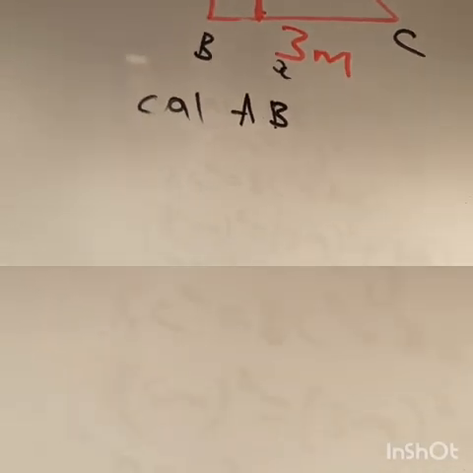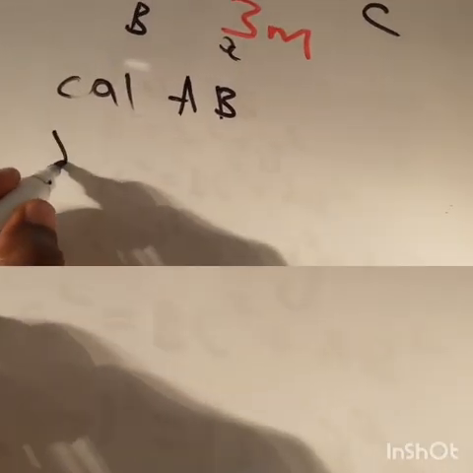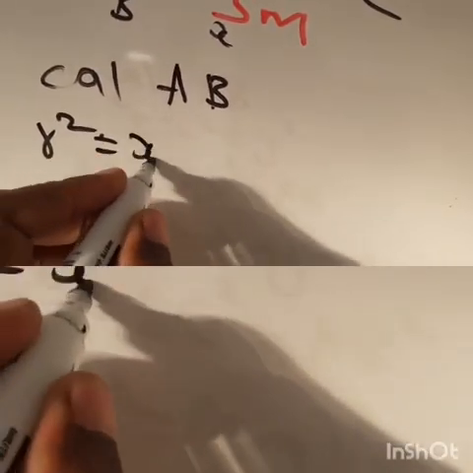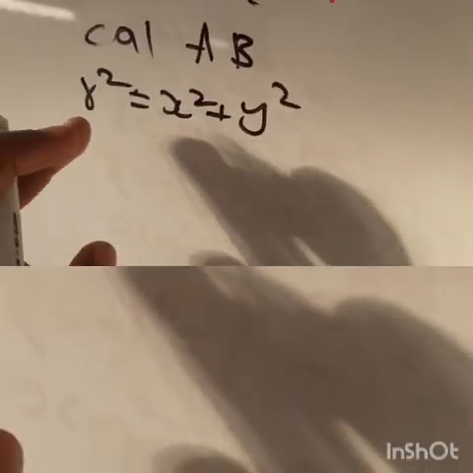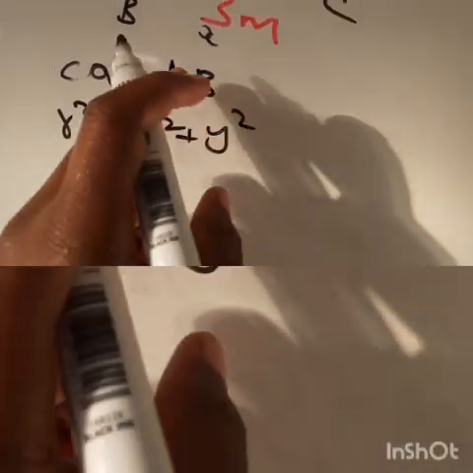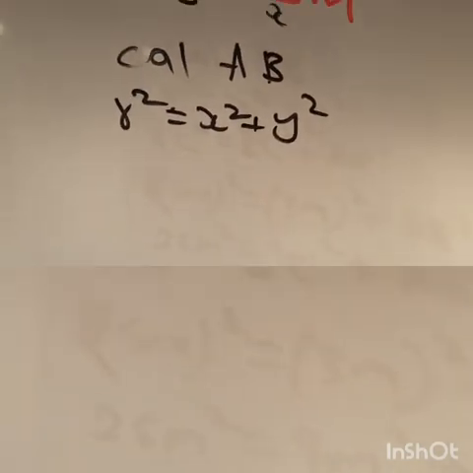Remember our Pythagoras theorem is r squared equals x squared plus y squared. It's given in terms of r, x, and y, not in terms of a, b, and c.